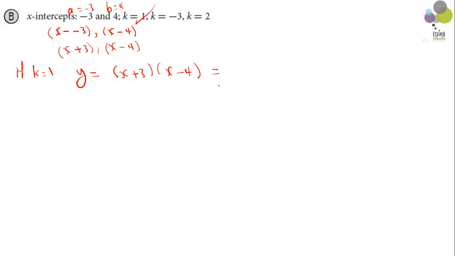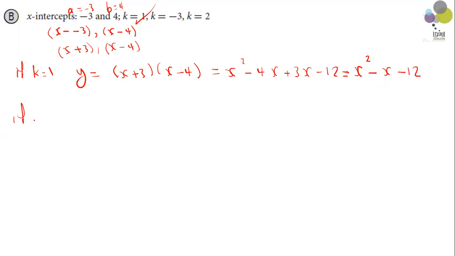So now we will multiply: x squared minus 4x plus 3x minus 12. Combine like algebraic terms, so x squared minus 1x minus 12. Minus 4 plus 3 will be minus 1x, okay? So this is k equals 1.